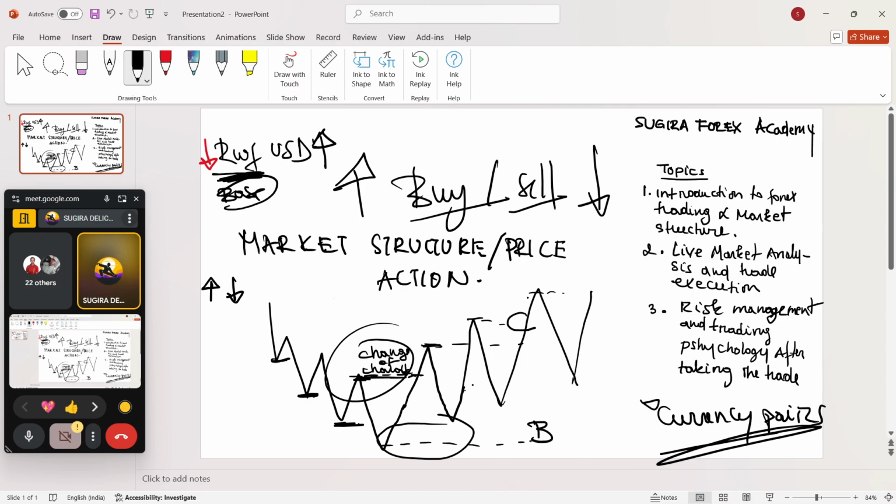So now I guess this is the general introduction and the general understanding of the forex market. We can now know where the market is heading. We now know what forex is, what we trade, how we know that the market is buying, how we know that the market is selling, and how we predict the market. How do we know that the market is going to go up or go down?